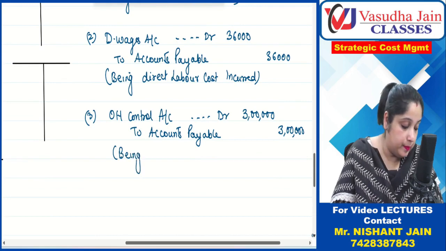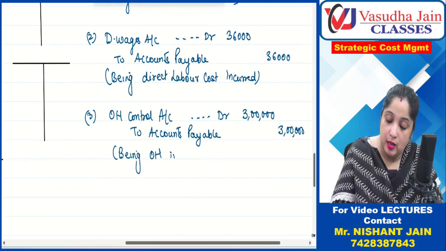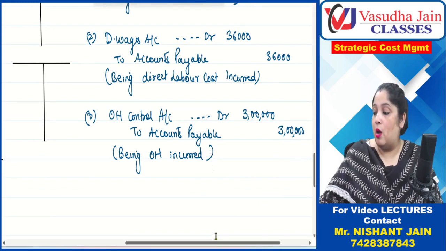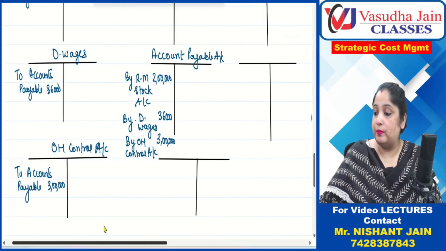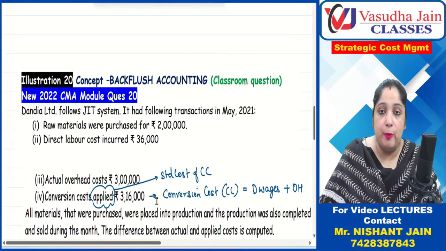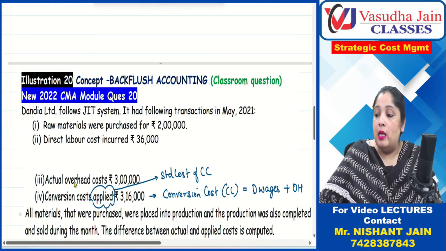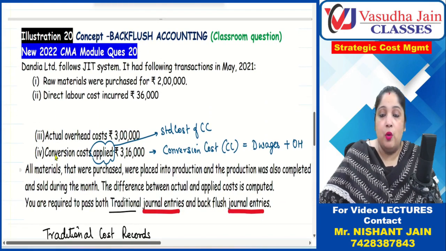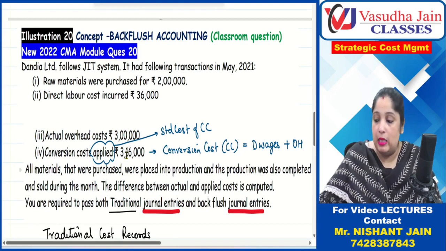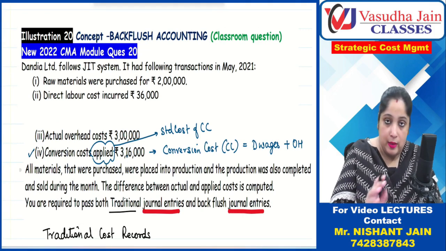Being overheads incurred. Okay. Now going back. So still our valuation of work in progress and finished goods has not yet started. Now they have told you how much conversion cost is applied, that is how much should have been the direct wages and overheads, 3,16,000. Just leave it for some time being.